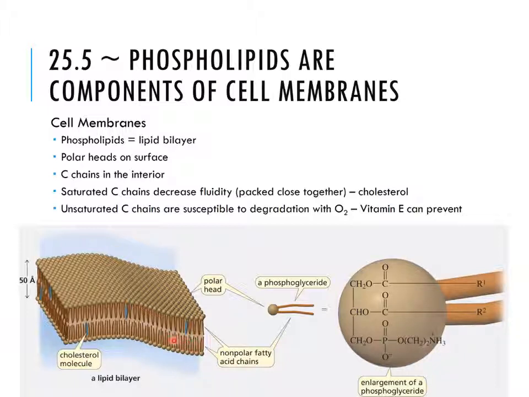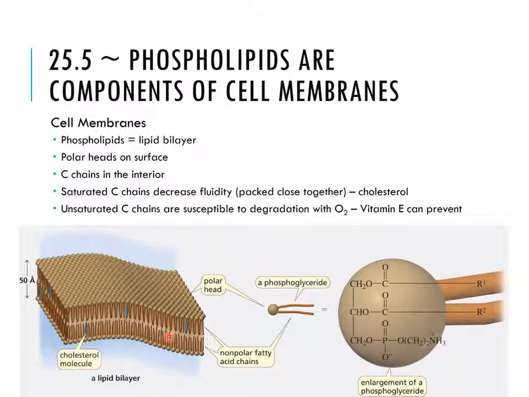And then these chains here, if they are saturated, because they can pack closely together, it's going to decrease how much movement there is and decrease the fluidity. And so this can cause things to be packed more closely together.